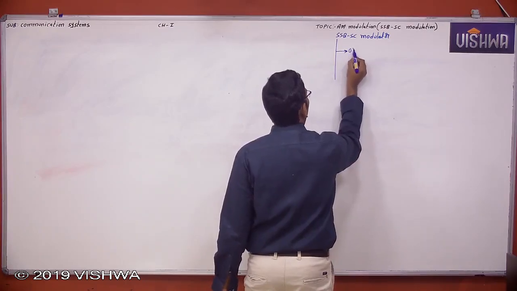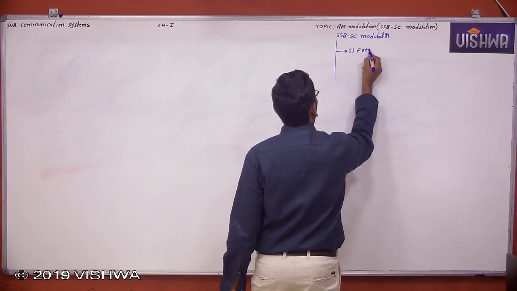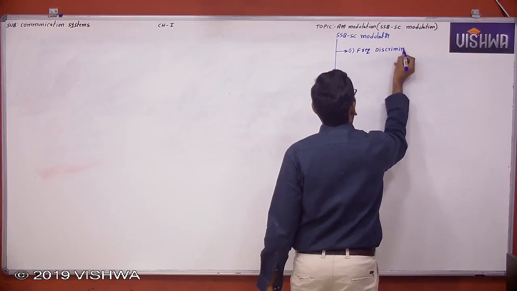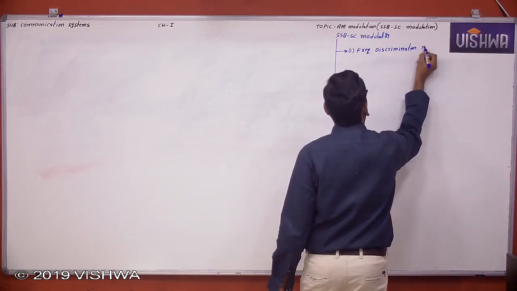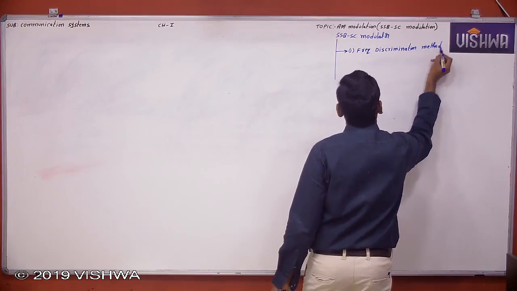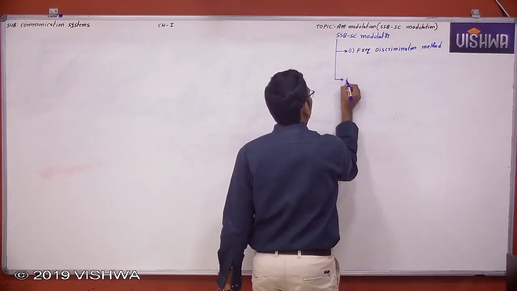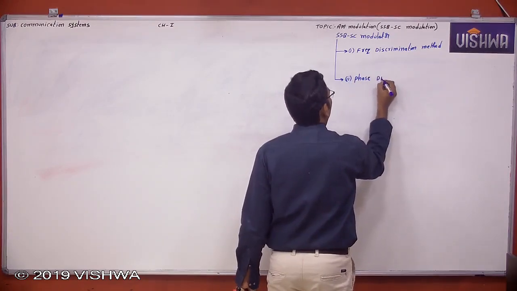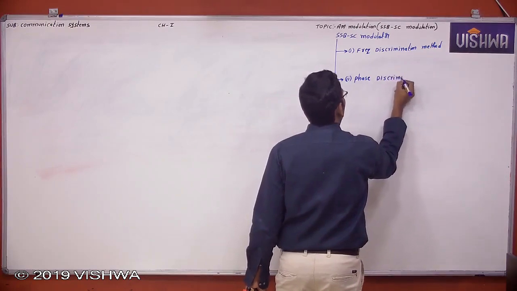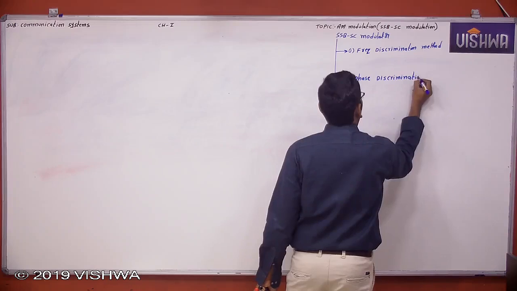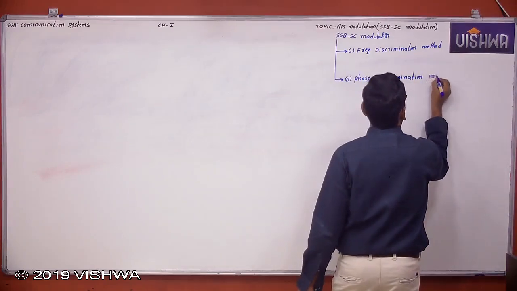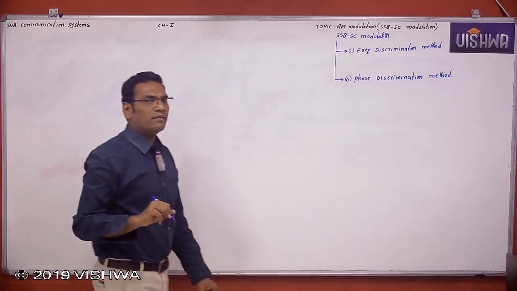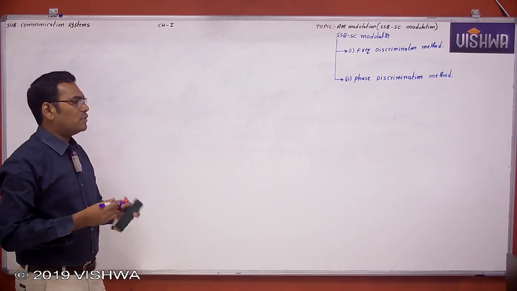One method is based on frequency, therefore this is called the frequency discrimination method. And another one is based on phase, therefore that is nothing but the phase discrimination method.